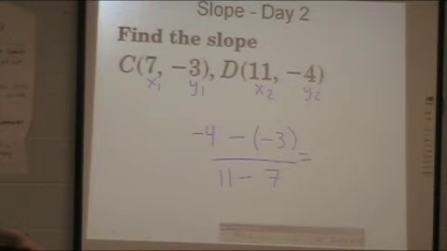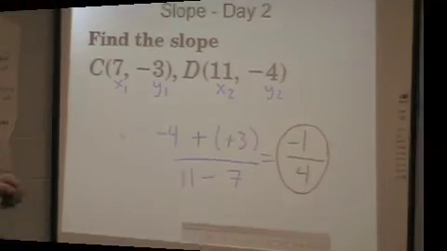Now all you have to do is evaluate that and it'll give you the slope. -4 minus -3. Leave, change, opposite. -4 plus 3 is -1 over 11 minus 7 is 4. So now we just learned a new way to find the slope using the slope formula. y2 minus y1 over x2 minus x1.